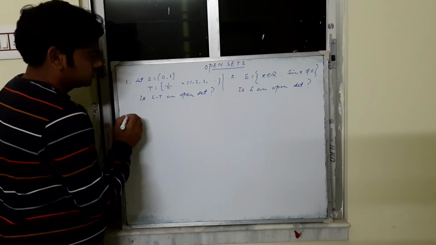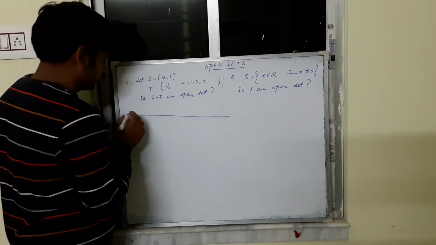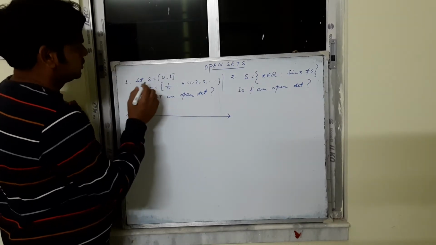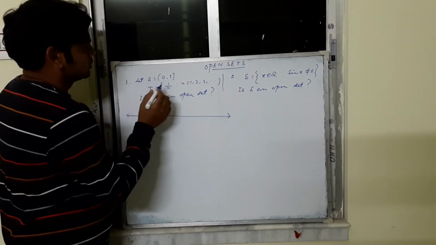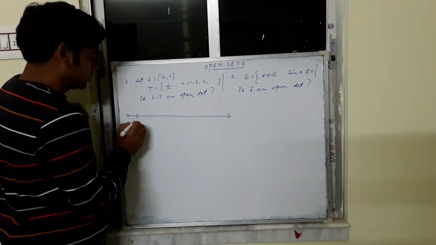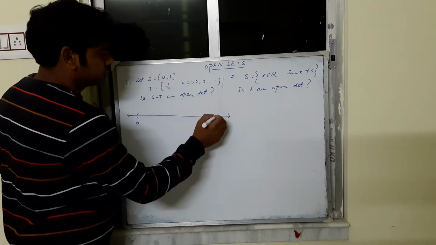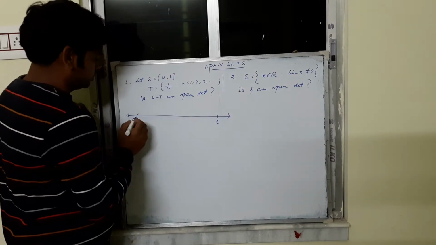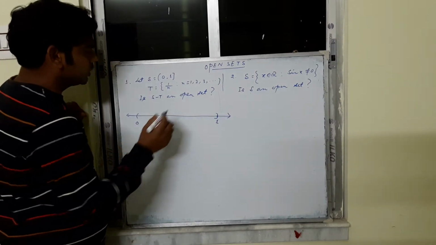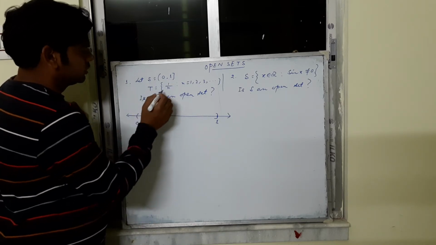So first of all, we sketch the real line, and we sketch this set, a semi-open interval. Suppose this one is 0 and 1 is here, and 0 is open and 1 is closed. Now we consider the elements of T, 1 by n.